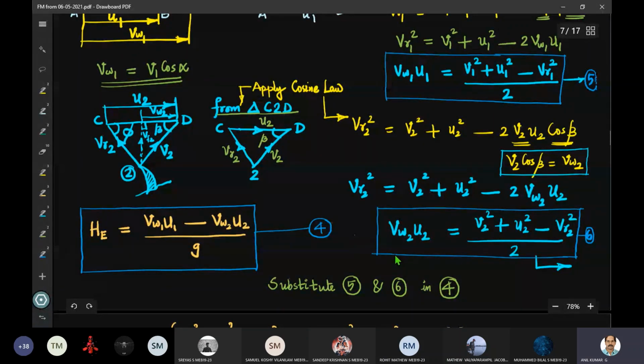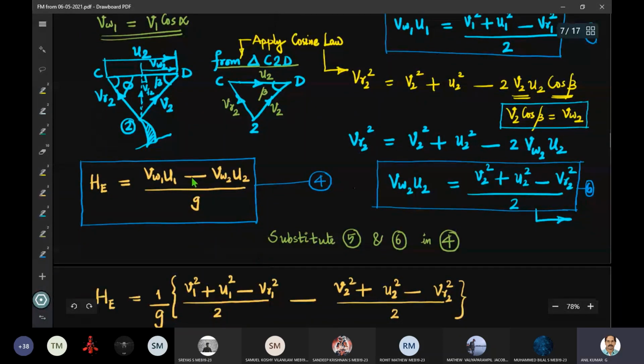We got two expressions in terms of V1, U1, VR1 for the inlet case, and V2, U2, VR2 for the outlet case. We already obtained the expression for Euler's head in terms of VW1, VW2, U2 and U1. So VW1 U1 minus VW2 U2, divided by g, is the Euler's head developed.